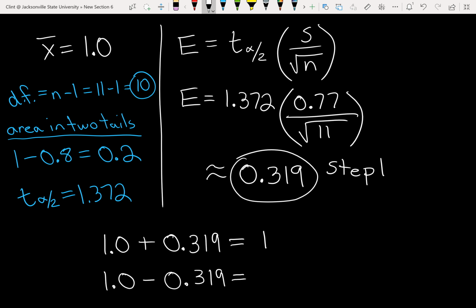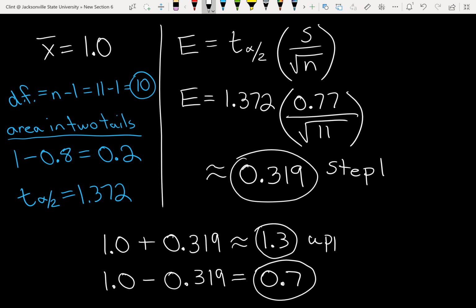So when we add, we'll get 1.319, but it'll round to 1.3. And then when we subtract 1 minus 0.319, we get 0.681. That would round to 0.7. So that would be our upper and our lower endpoints for our confidence interval.